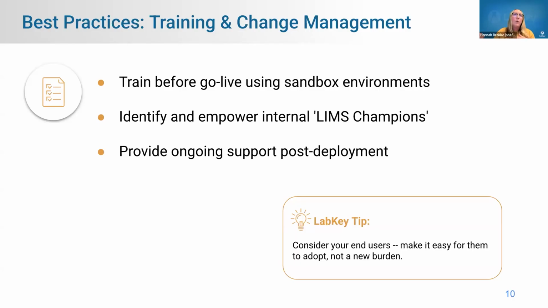The other way to help mitigate concerns around change management is really identifying and empowering an internal LIMS champion. And so identifying people in every group, at every level, that can help champion the LIMS and maybe train people or feel like they can be the point person if somebody has a quick question in the lab about what they're trying to do in the LIMS.